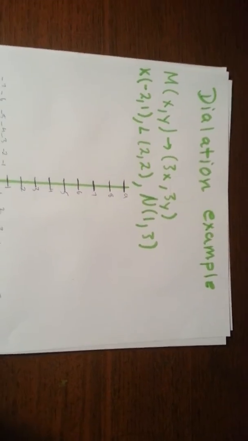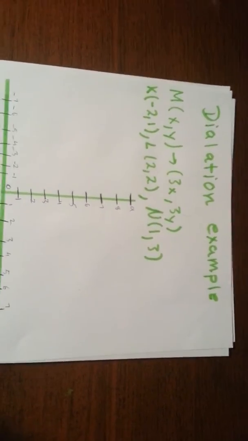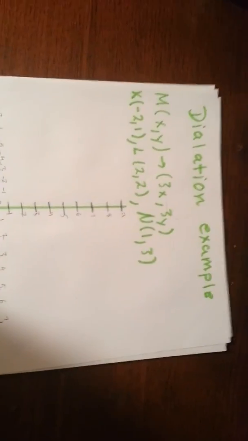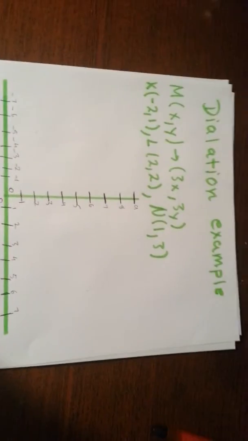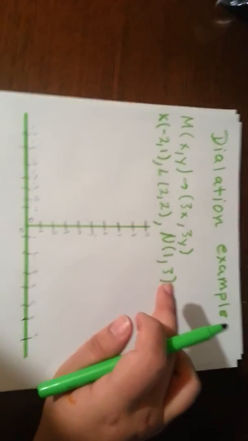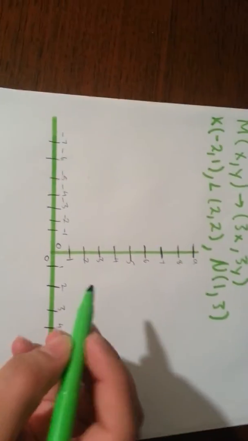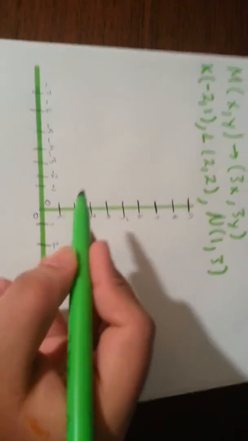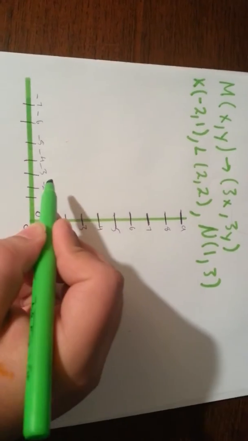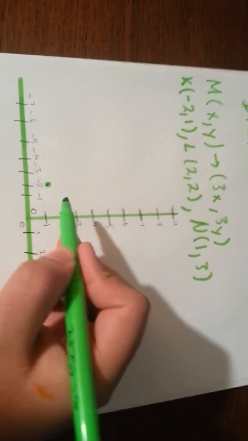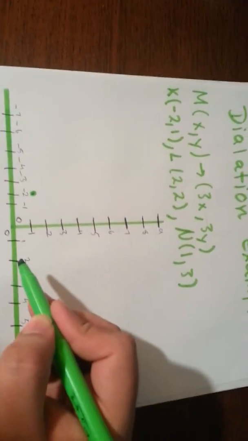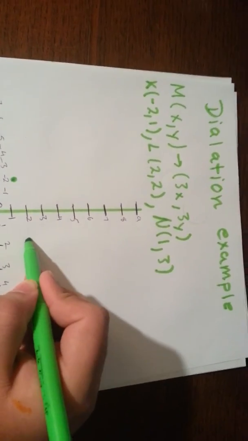For my final example, I will do dilation. So with dilation, we have these numbers to plug in: K, L, and M. K is negative 2, 1, right here. L is 2, 2, right here.